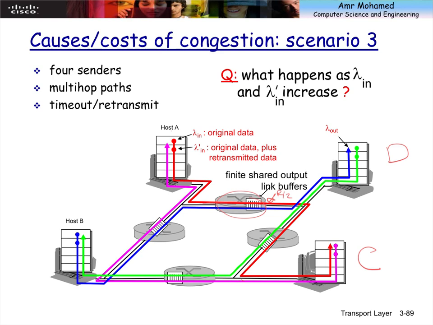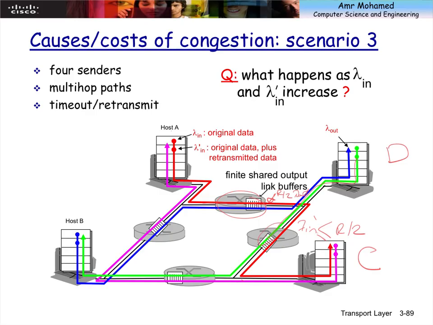This R over 2, remember, this is the lambda out at this stage. This R over 2 is in fact here will become lambda in dash. So the situation now is that I have lambda in dash, which is maximized as R over 2, now competing with this session, the green one, coming from D going all the way to B, right?